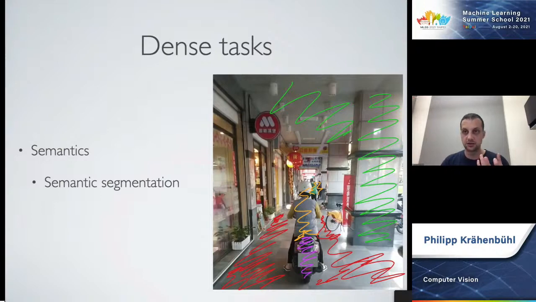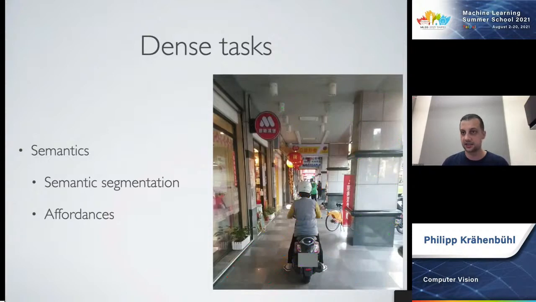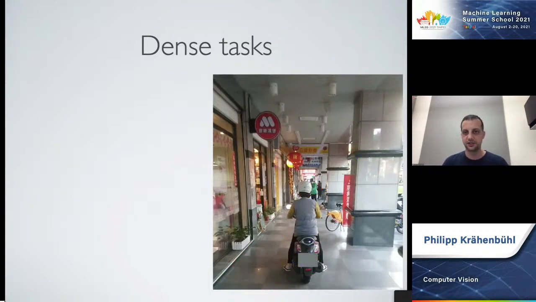Another way to look at semantics is affordances. Instead of looking at the semantic class, you look at what you can do with an object. You could, for example, think of this as all drivable area. I don't necessarily care what it's called as long as I can ride my bike or my scooter on it. The next set of tasks we're going to look at is geometric, where you can infer either from one image or from a pair of images how far away a certain point is from the camera.